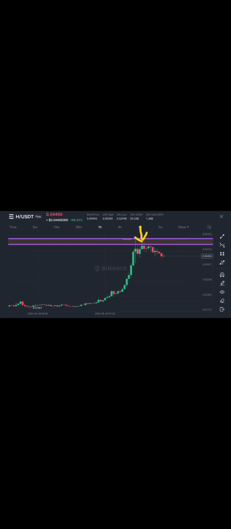Whenever you see a pin bar from a point of interest, that means that the market is going to reverse. Now another candle formed again, followed by this bearish engulfing candle.